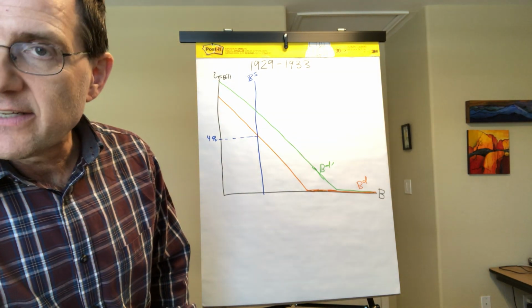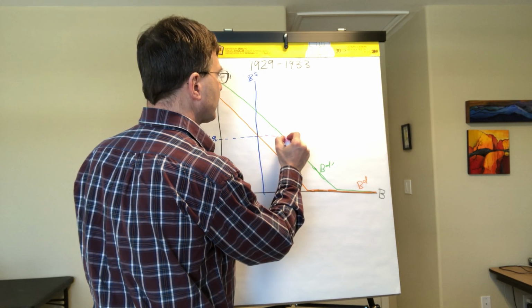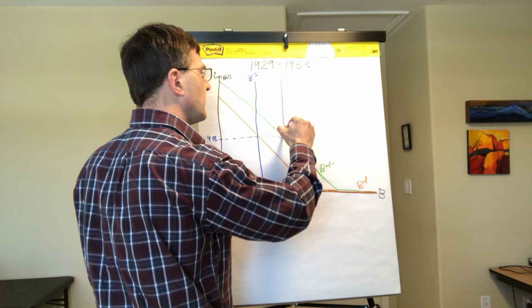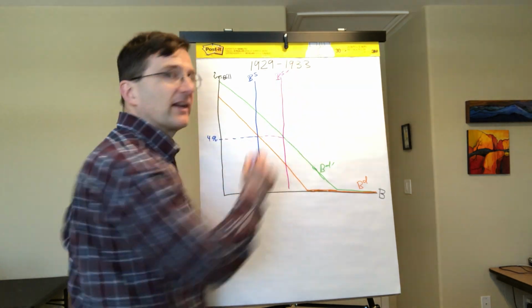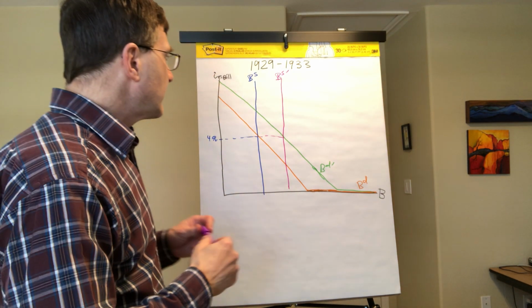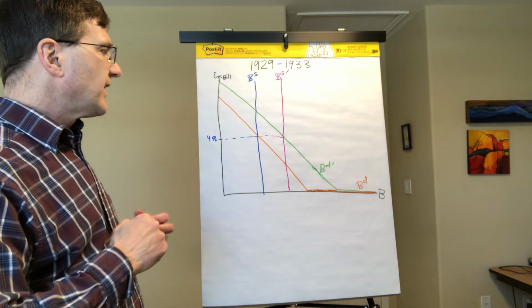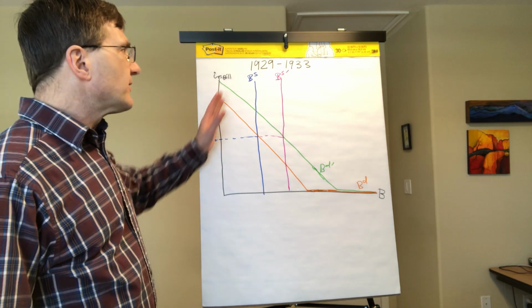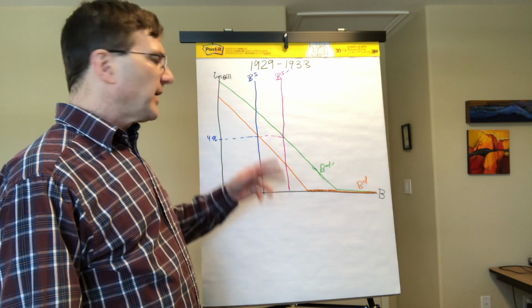The Fed did increase the supply of the monetary base, and in fact the interest rate on Treasury bills stayed about the same. So here's the supply of the monetary base primed in purple, keeping the interest rate on Treasury bills about the same. That's what they did in about the first year after the financial panic.